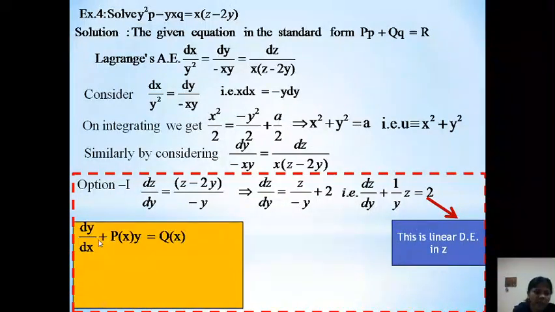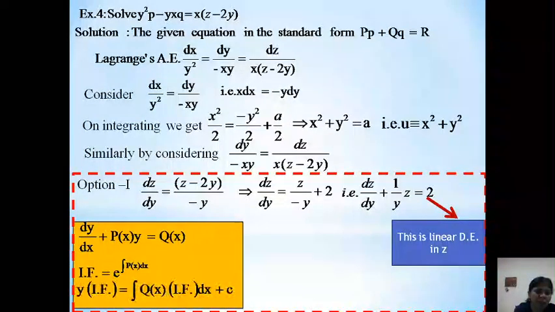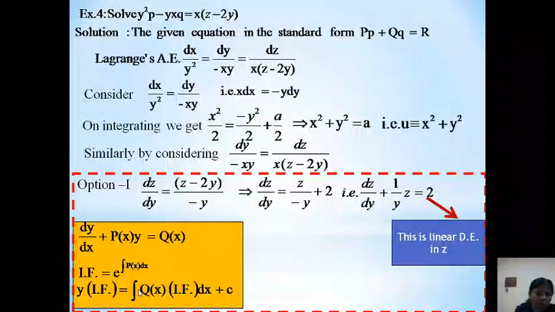The form is dy by dx plus p of x into y equal to q of x, where y is the dependent variable and x is the independent variable. Here we find the integrating factor, which is given by this formula, and ultimately we have the solution, which is given by dependent variable into integrating factor equal to integration of the right hand side into integrating factor plus constant of integration.